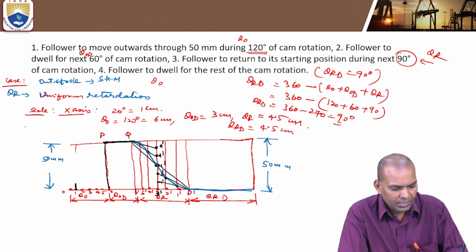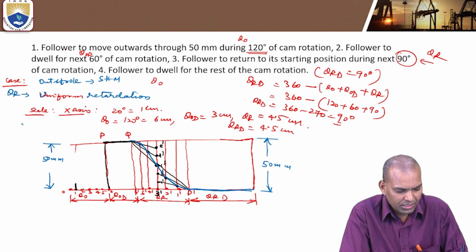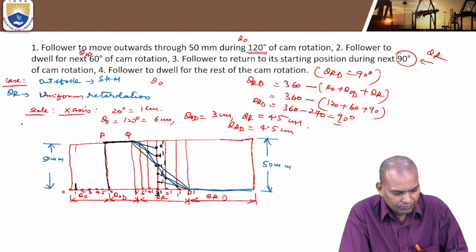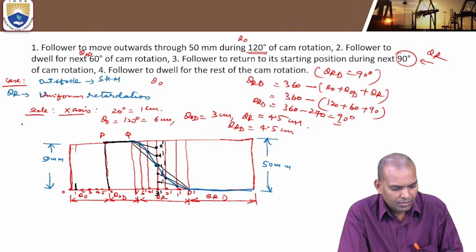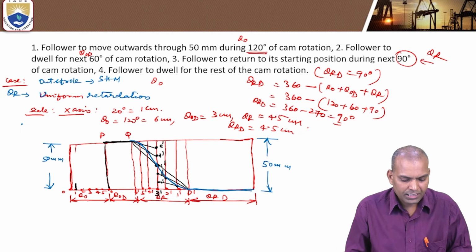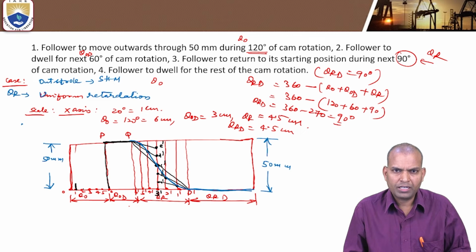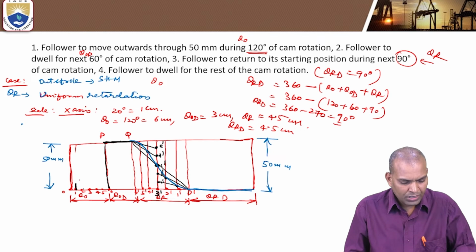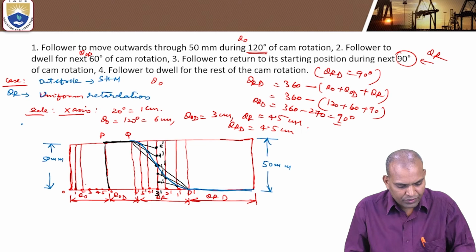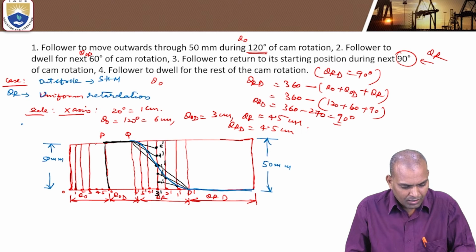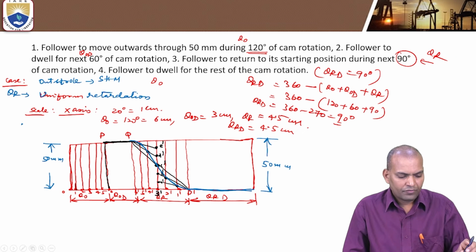Again draw the x-axis scale. As the first step, divide the x-axis into the portions of outstroke, dwell after outstroke, return stroke, and dwell after return stroke. Divide the outstroke into an even number of parts, again 6 parts. Then what is the next step?